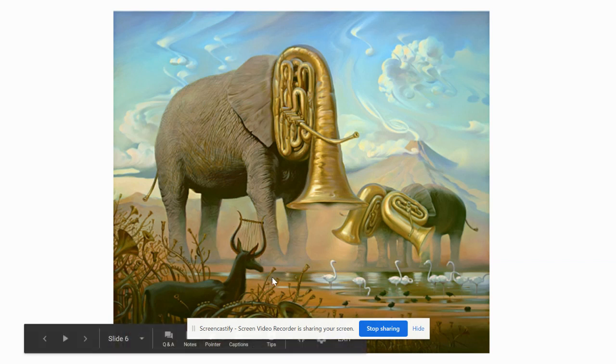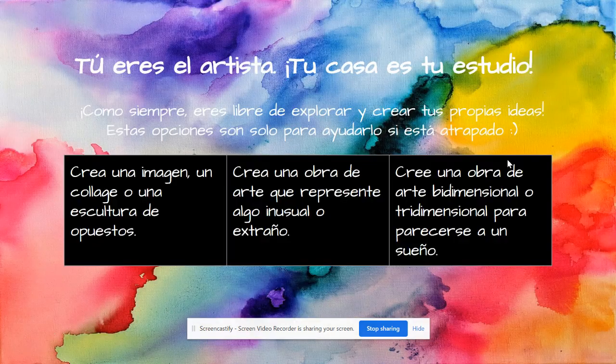So sort of using the musical instruments that make the sounds of the animals and just putting them on the animals. And then if you look closely, you can see here in the clouds, it's like music notes. So another real strange but interesting way of creating unusual surrealist-like artwork.